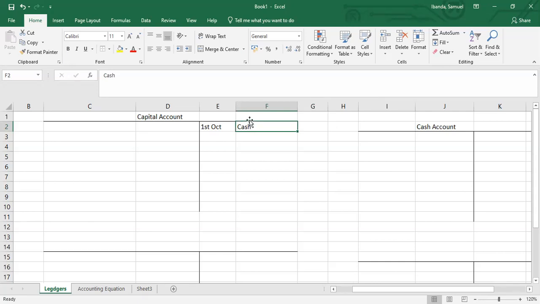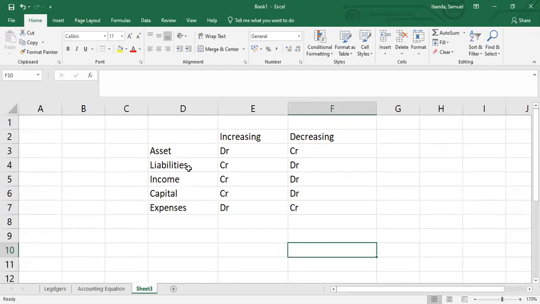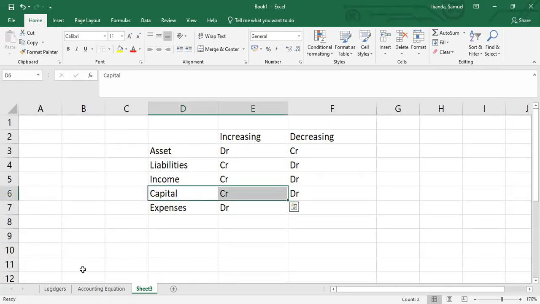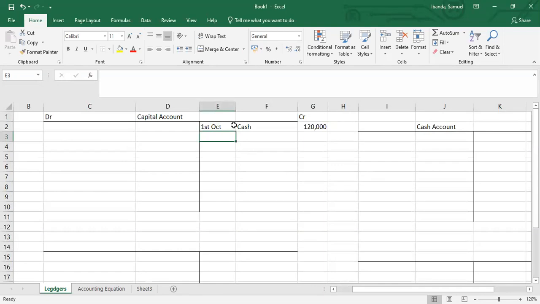What you put under details is the alternative account, cash, and of course it is 120,000. Remember, we are crediting. This is our credit side, and this is our debit side. We are crediting because when capital increases, it is credited. So that is why we are crediting in our capital account.